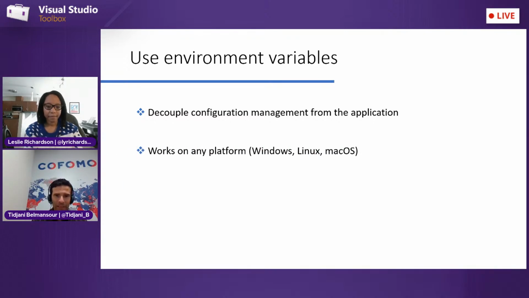It works on any platform, whether you are on Windows, Linux, or macOS: you have the same feature. You can set environment variables, get environment variables, and so on. This information is stored on the machine, not in the source control.